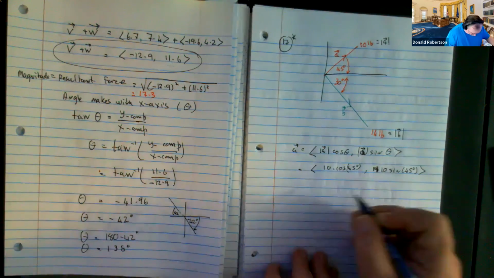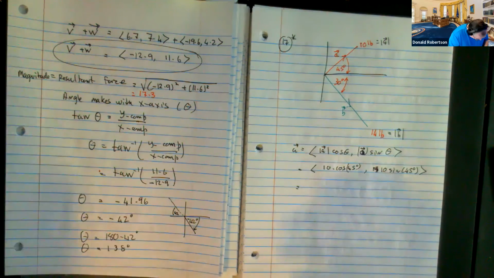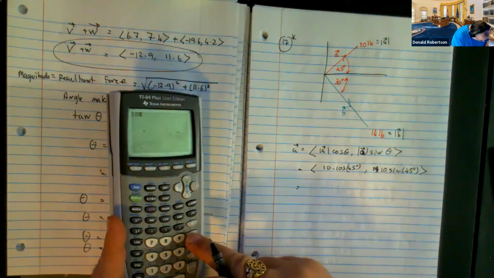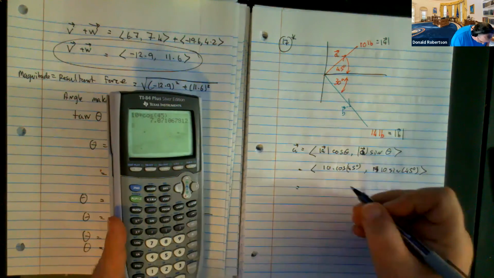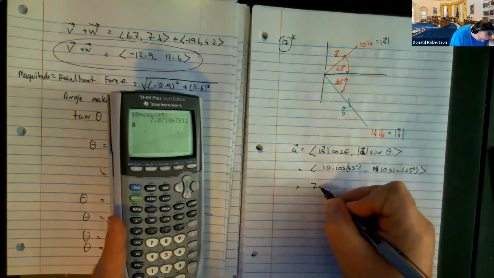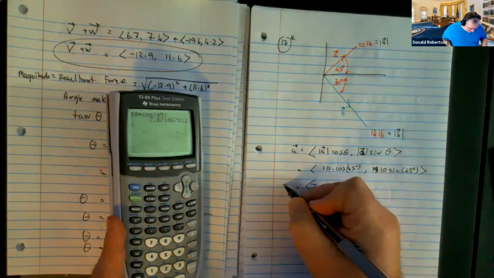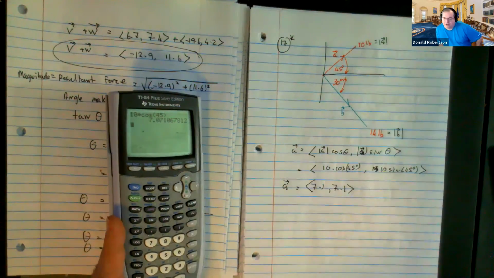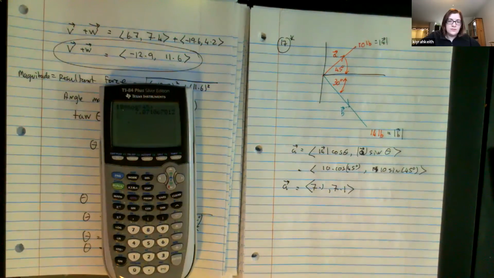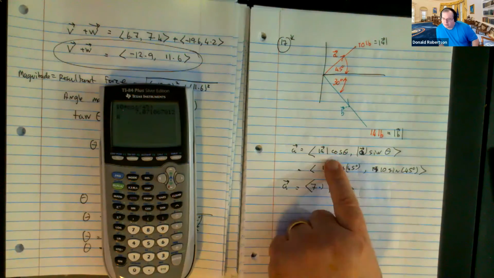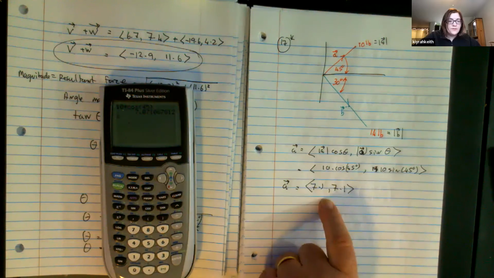To one decimal place, because I don't want to do too many buttons, 10 times cosine of 45 is about 7.1, and the other one is also 7.1. Are you comfortable about the components of vector A based on the angle 45 and a magnitude of 10?